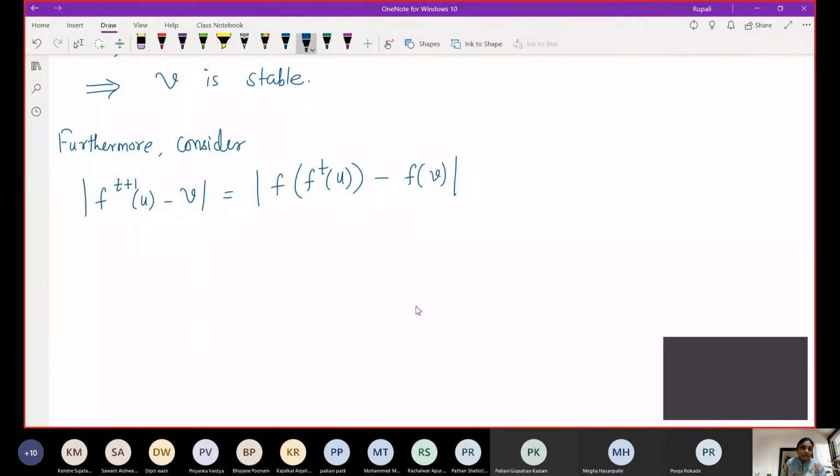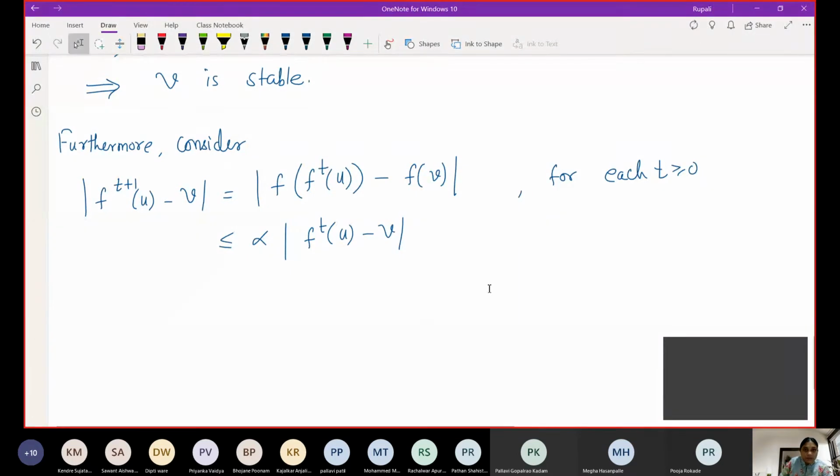Can I write like this? Yes, ma'am. Now f of something minus f of v must be less than or equal to alpha times mod of f raised to t at u minus v for each t greater than or equal to 0.